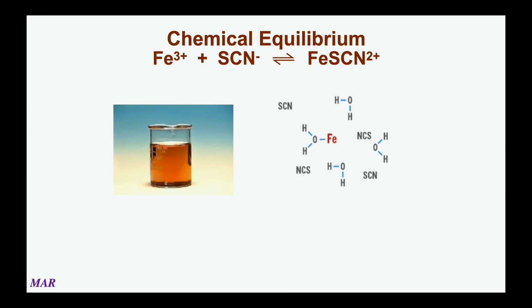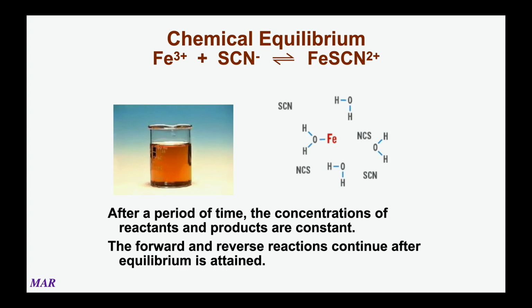So equilibrium is very dynamic. These things are changing all the time on the atomic level. At first, there's a lot of action because the iron and the SCN come together to make that blood red, orange red, whatever you want to call it, thing. But after a while, the reactants and products settle down, all right? You still have forward and reverse reactions, but there's a constant state.